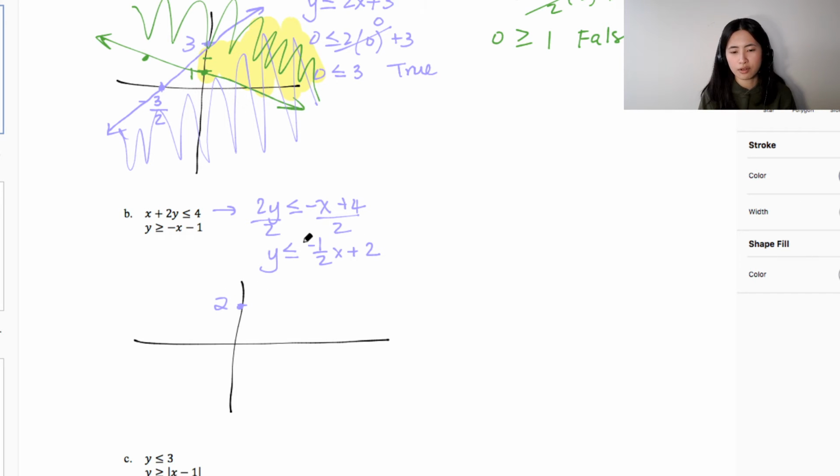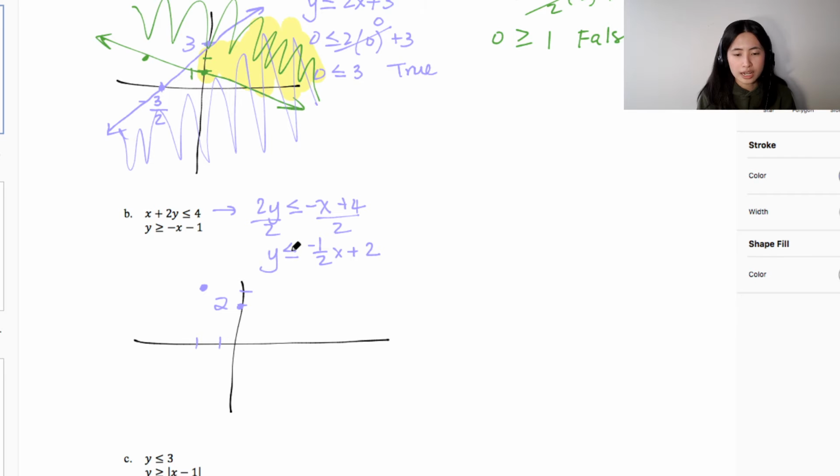Then you have negative 1 half, so that means you have your line in quadrant 2 and quadrant 4, right? So that means this negative 1, you would rise by 1, and then you would run by 2. So that's somewhere here.